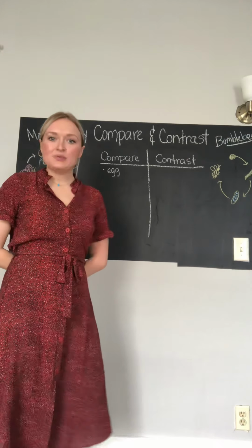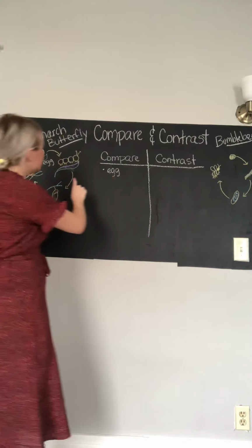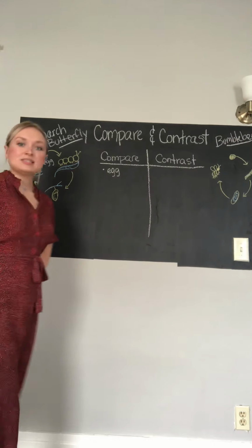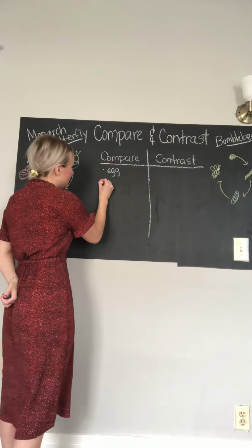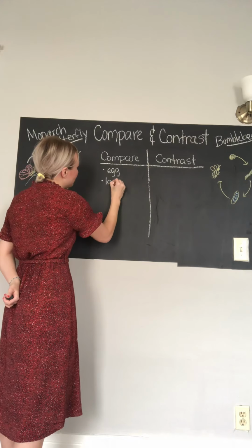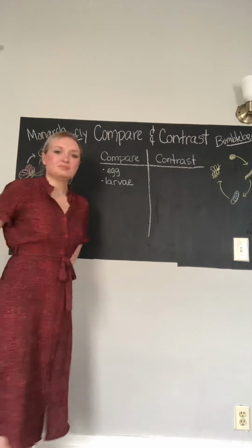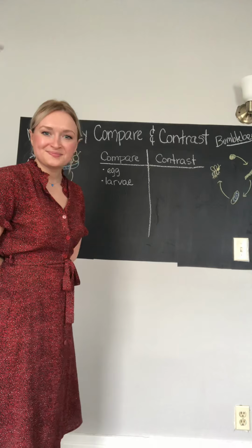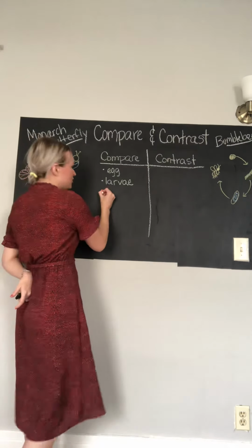Secondly, I can see that they both transform into what are called larvae. Here, we specifically call butterfly larvae caterpillars, but they're similar in their composure. So let's put larva on our list. They both have a larva phase. What else do you see that's similar? They both have a pupa phase.